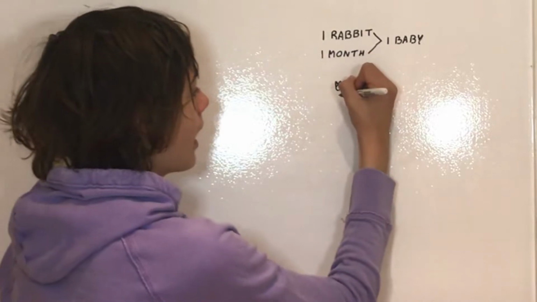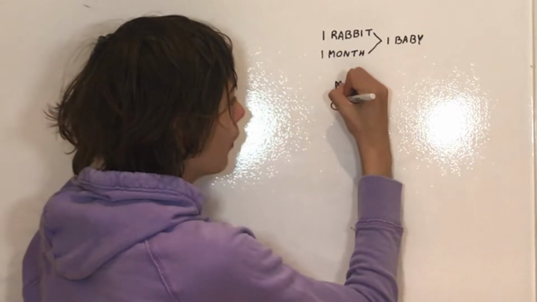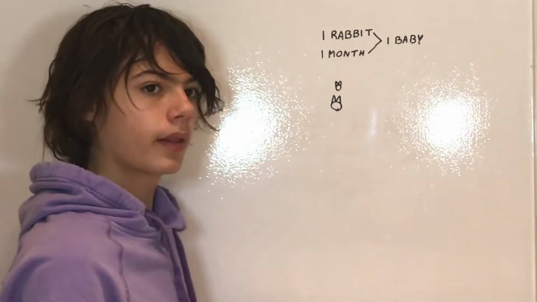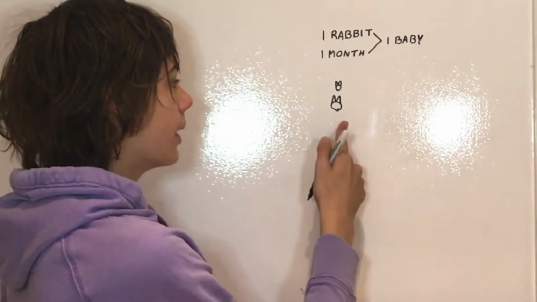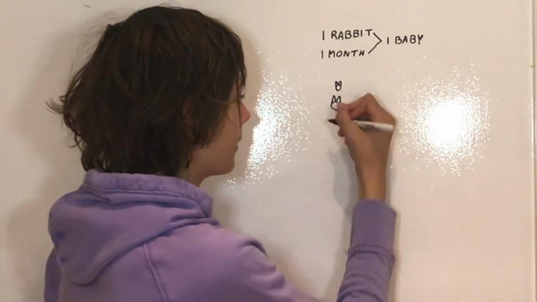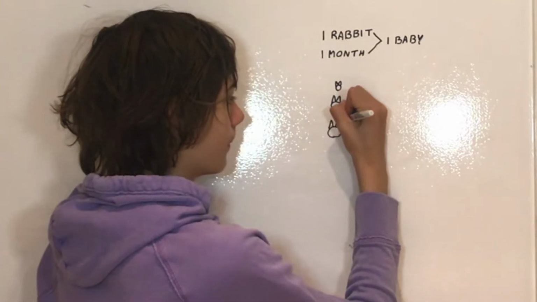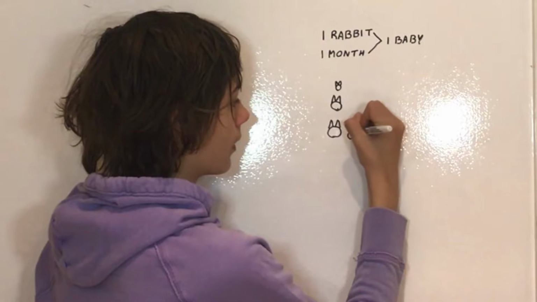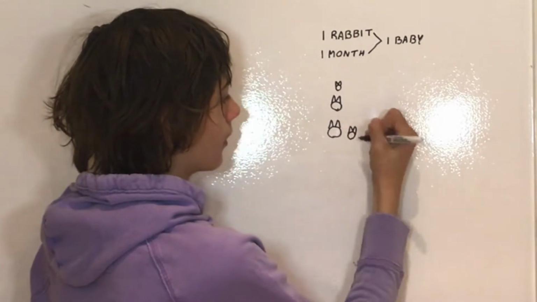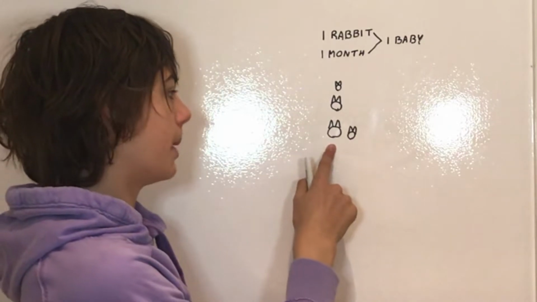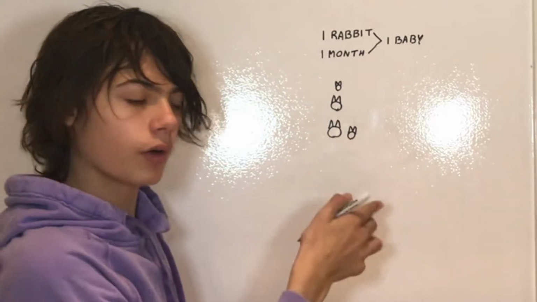Alright, so after the next month, you'll have one adult rabbit. And then the next month, that adult rabbit will have a baby rabbit. And then the next month, this adult rabbit will have a baby rabbit, and this rabbit will grow.